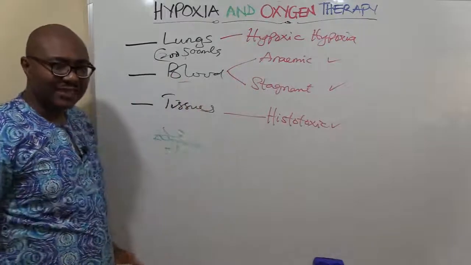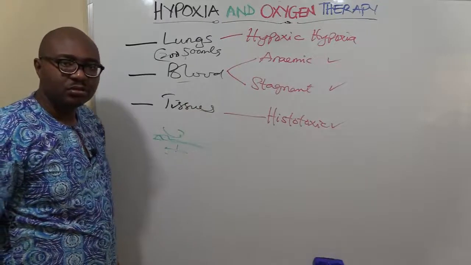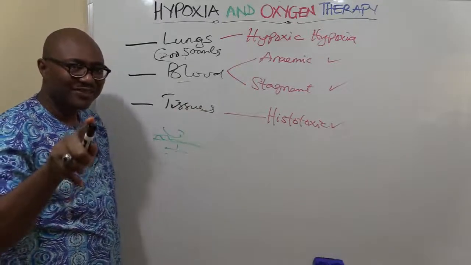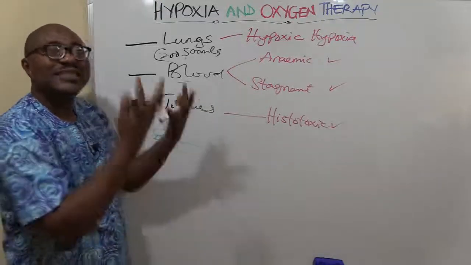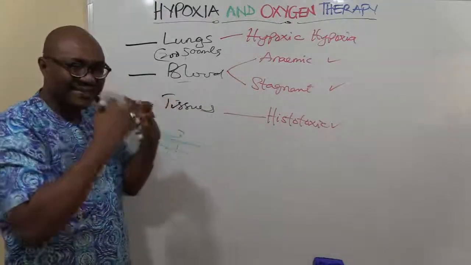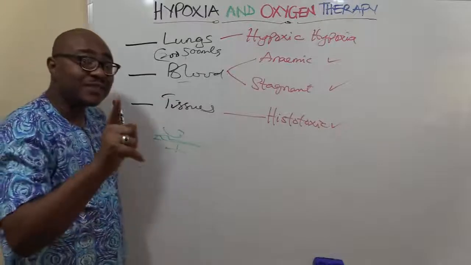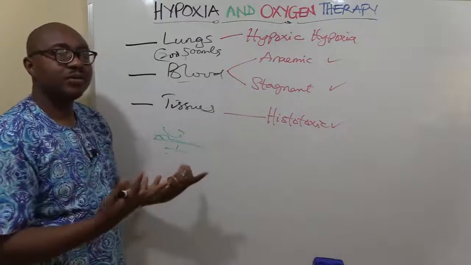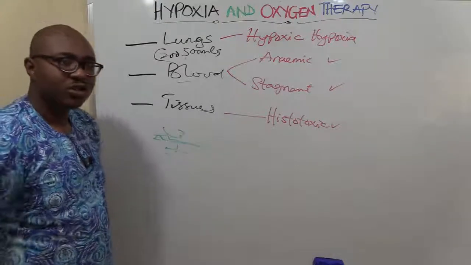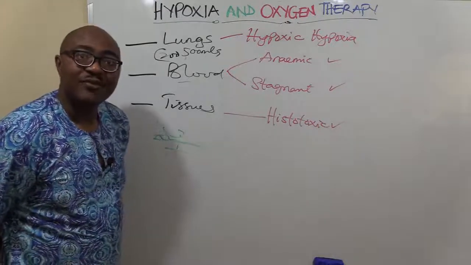So the next stage now is anemic hypoxia. Enough oxygen now has entered the blood. But when we talk about oxygen transport, apart from oxygen dissolved in the blood, 97% of oxygen is carried by what? Hemoglobin. So what happens if you don't have enough hemoglobin?